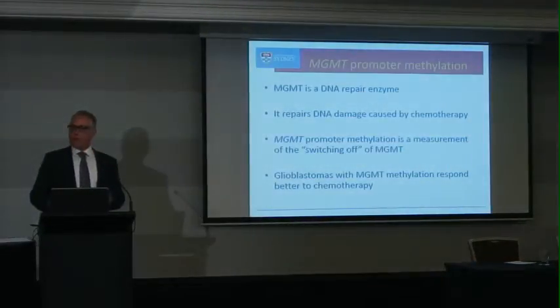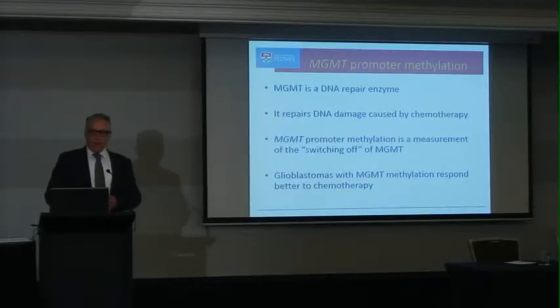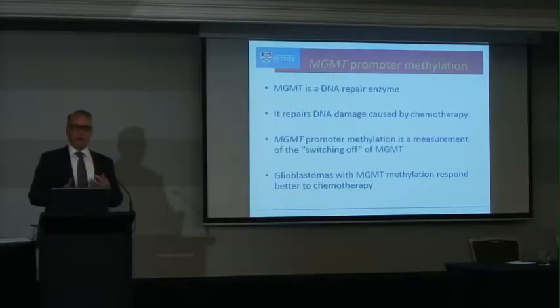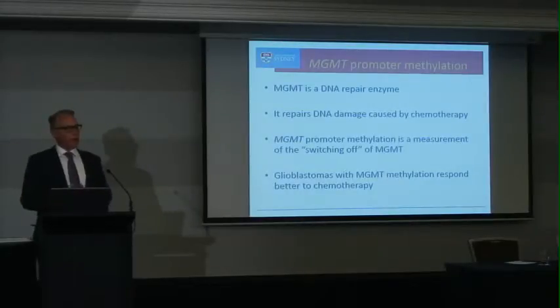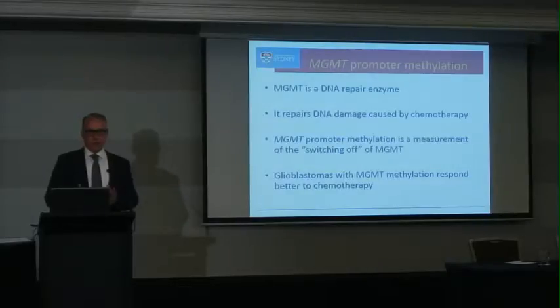All right, and then the final thing I'm going to talk about is MGMT promoter methylation. MGMT is a DNA repair enzyme. It's very important in normal cells to help keep our DNA intact and to repair any damage from ionising radiation or funny chemicals.